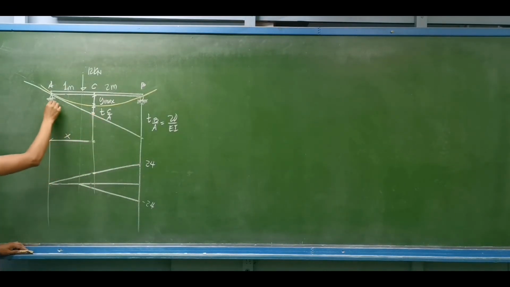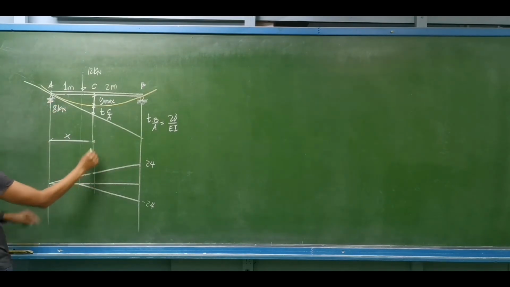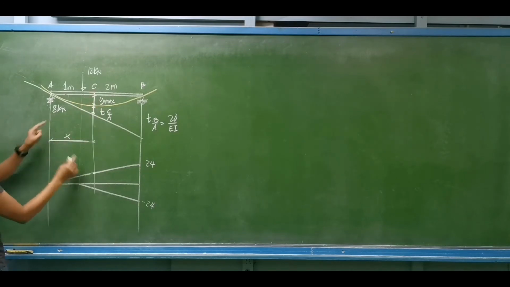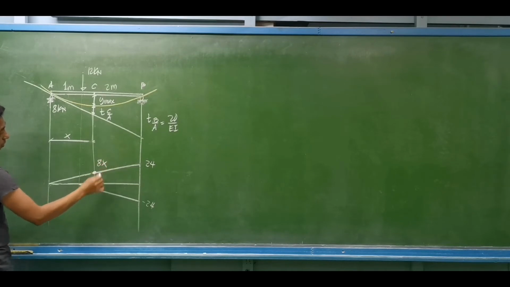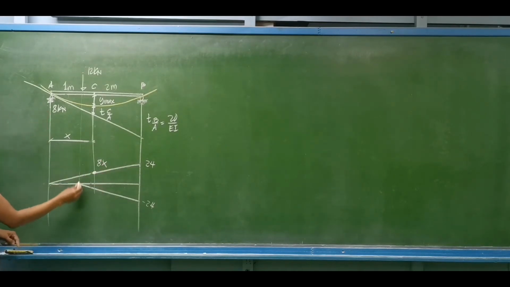Again, we have the reaction at point A as 8 kilonewtons. So the moment about point C will be 8 times x. So the magnitude of the moment here will be 8x. Okay, so if we have this as 1 meter, ano naman yung distance dito?